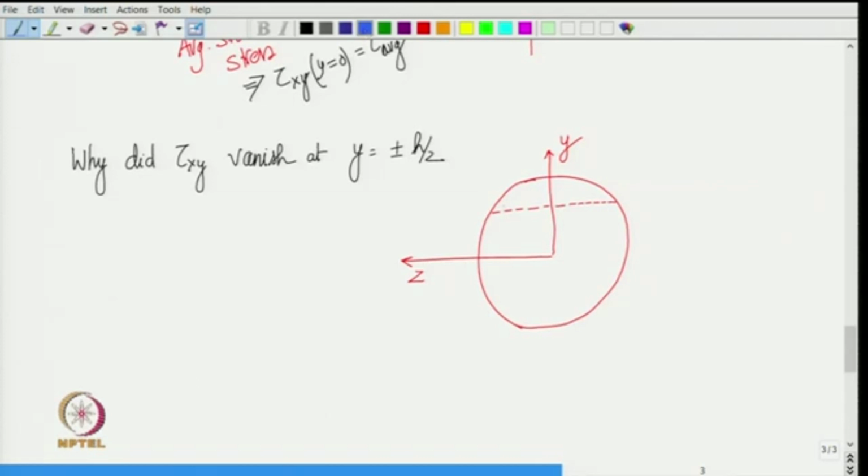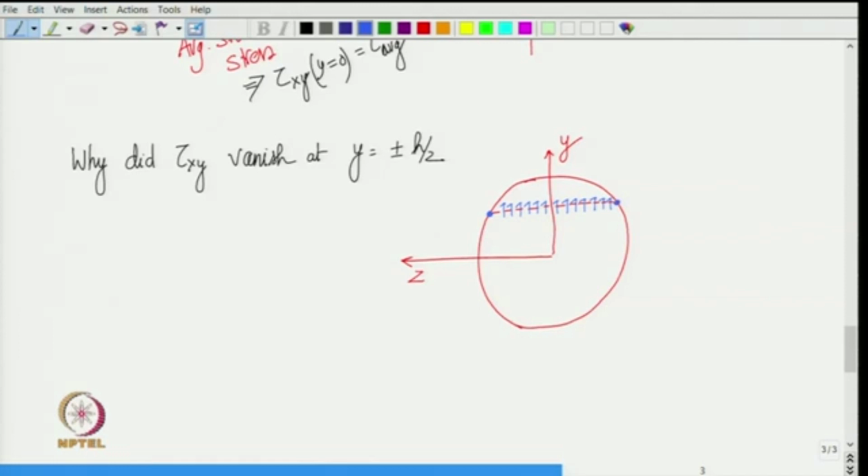So it will have a constant value, and even at the ends here it should have the same value as it is at z equal to 0 all along, but it is conflicting.